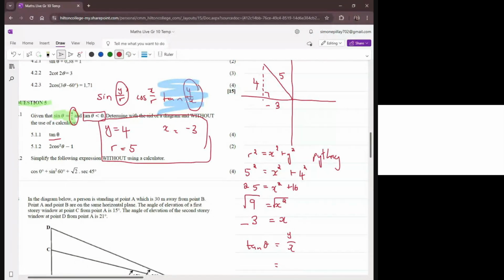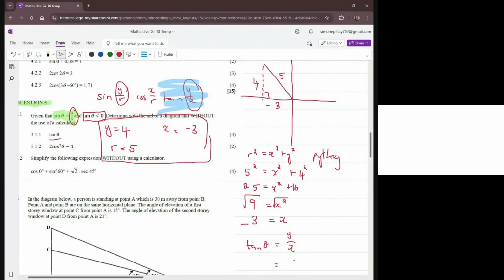It's not exactly a special angle, because they're not asking tan of 30 or 45 or 60, but they are asking us tan of an angle that we've been able to work around and calculate. So my y value, remember, we're putting our y value on the top. What's the y value?